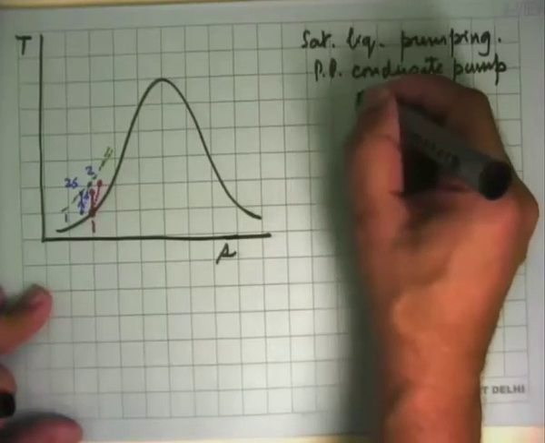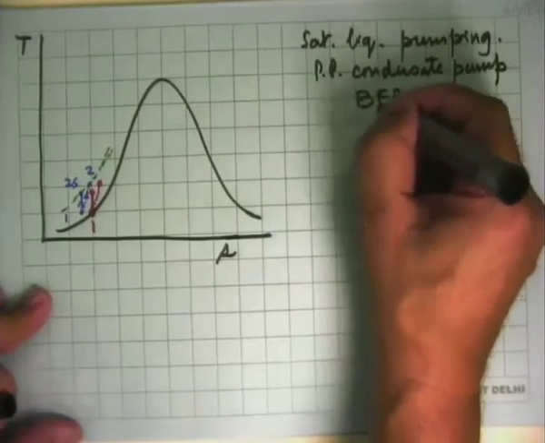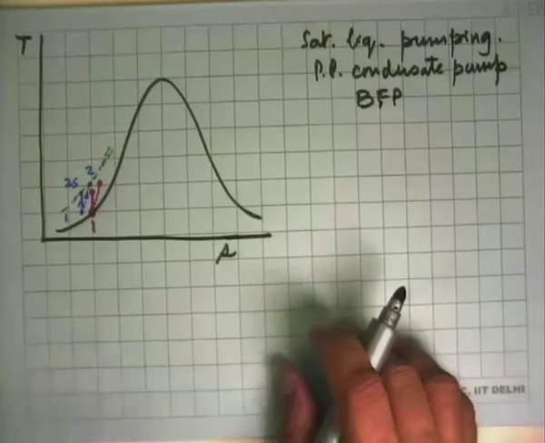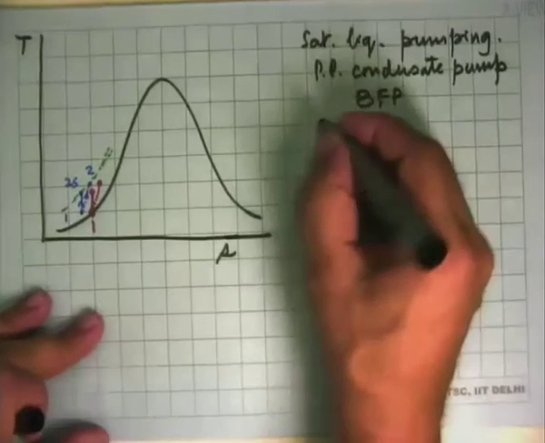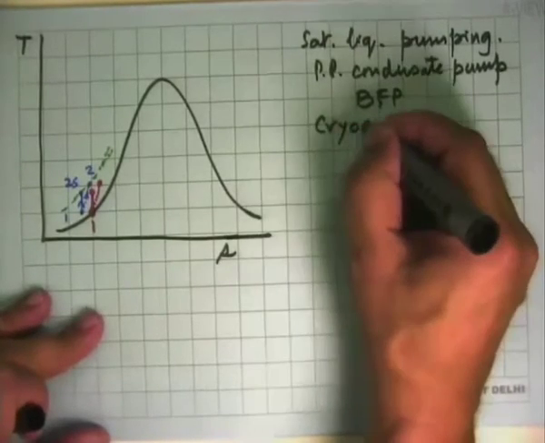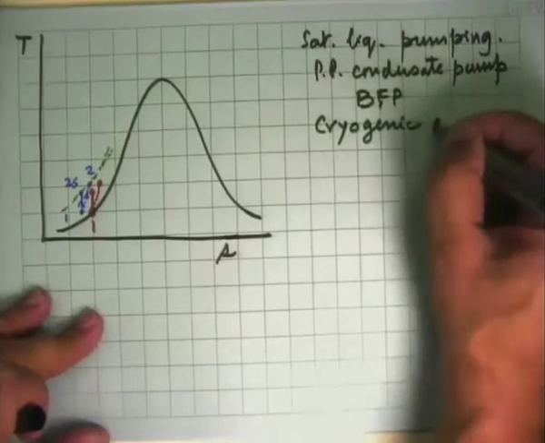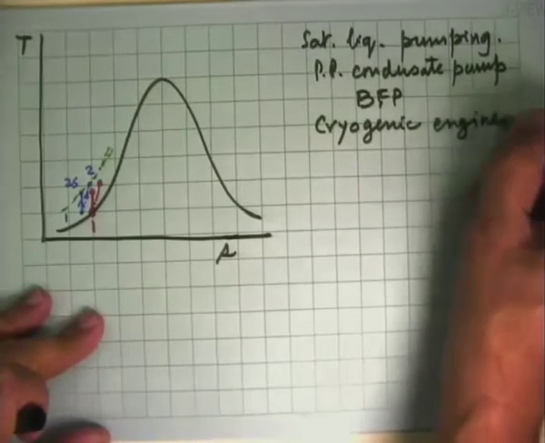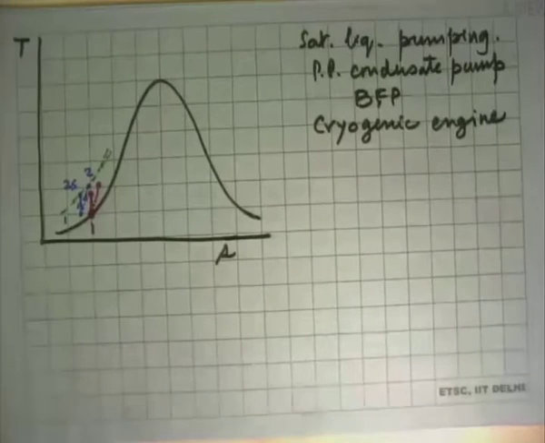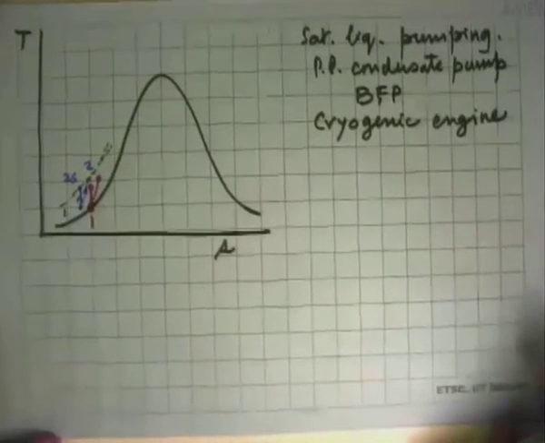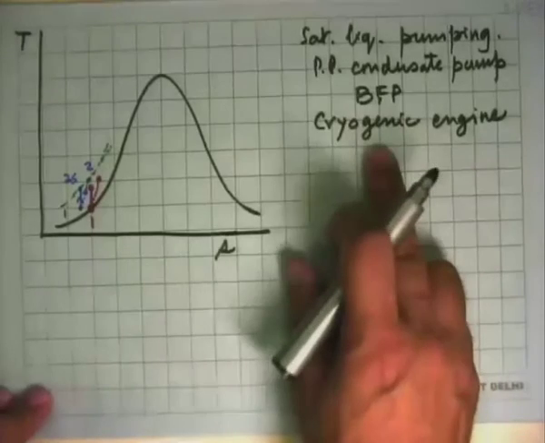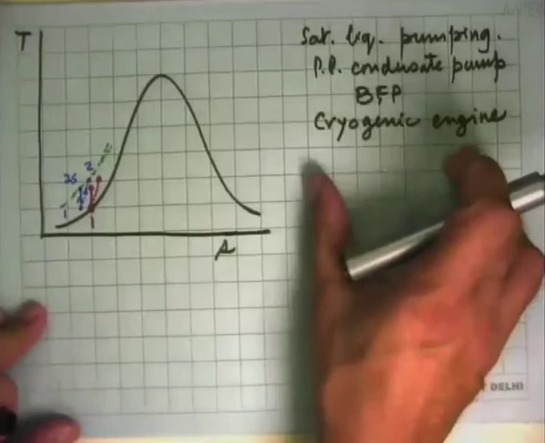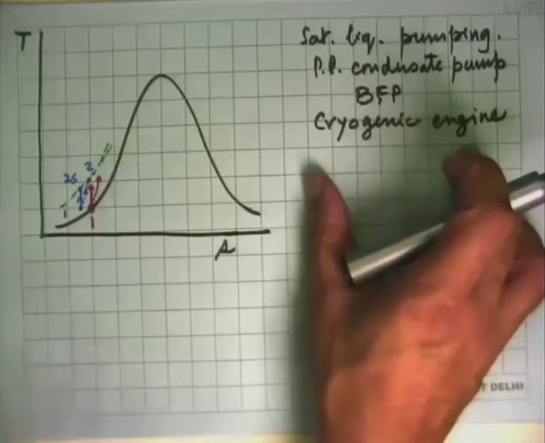Also the main boiler feed pump. Again, we are trying to pump saturated liquid. And cryogenic engines. ISRO is launching rockets very frequently these days, and they all have a cryogenic engine where you have a tank containing saturated liquid oxygen.